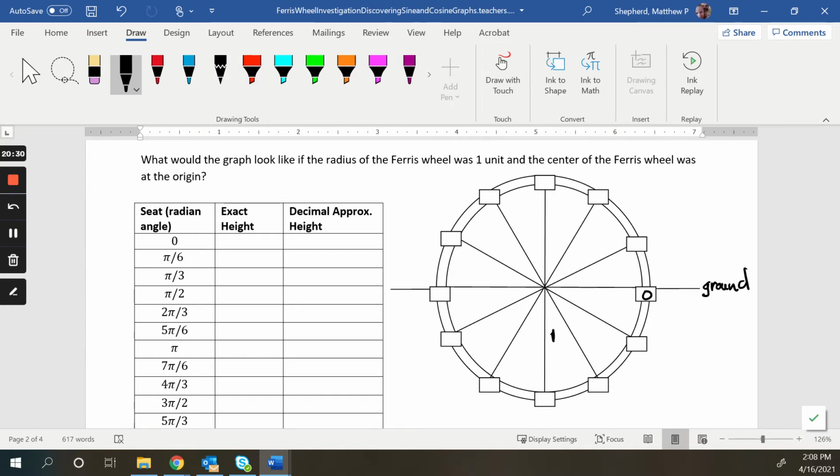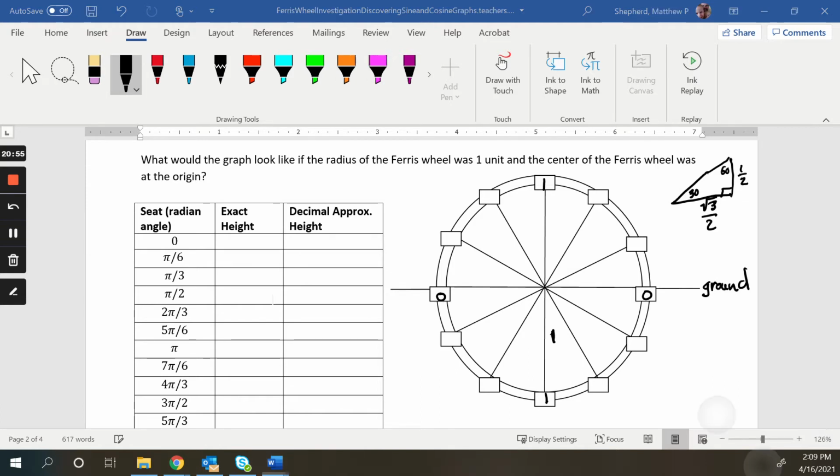This new Ferris wheel just has a radius of 1. So at most it goes 1 up and 1 down from there. Thinking about the special triangle we had before, the 30, 60, 90, that had a half and a square root 3 over 2.